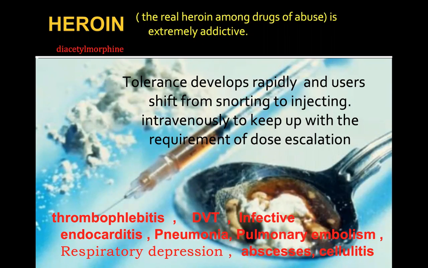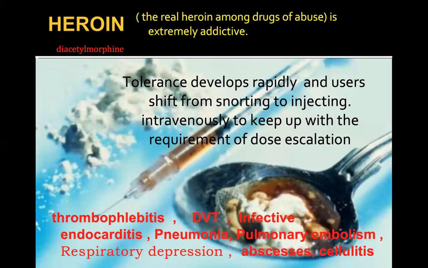They prepare it themselves. You have seen these heroin addicted patients on the roads. They take the powder, heat it on aluminum foil, where it converts to liquid, then put it in a syringe and inject, because no injectable form of heroin or diacetyl morphine is available.